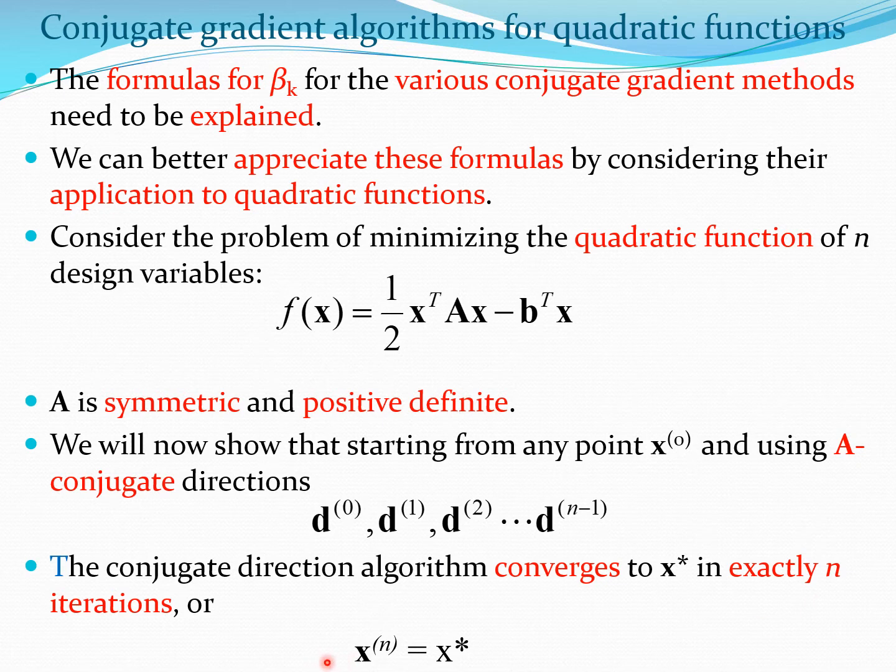So essentially, mathematically speaking, we can say that xn is going to be x star. This is a fundamental fact that we are going to prove in the next few slides.